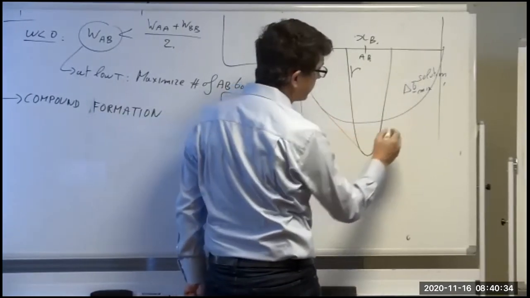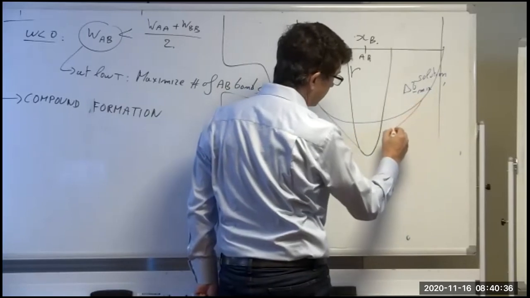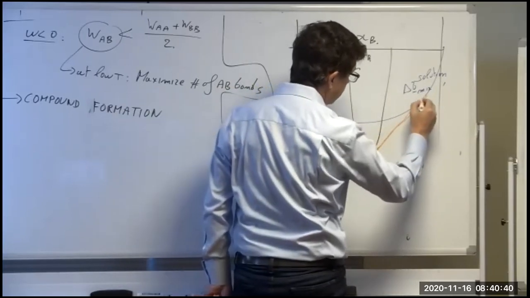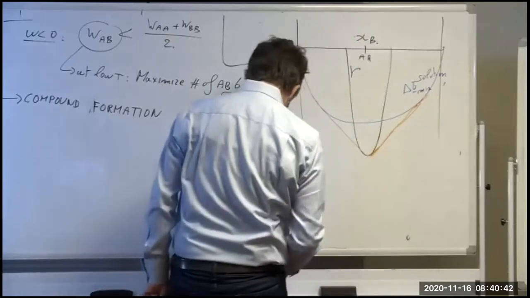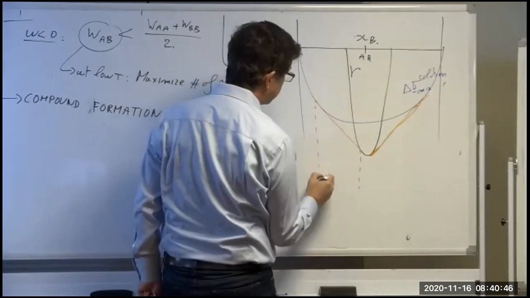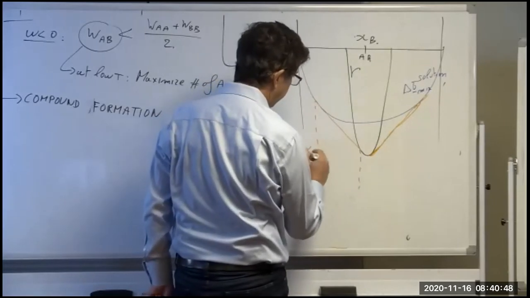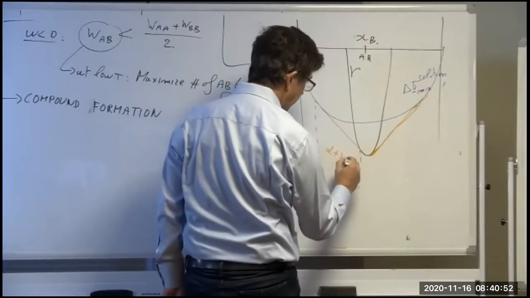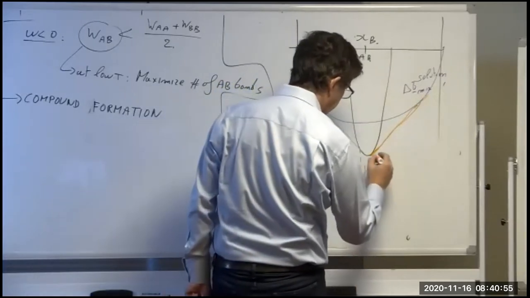So here's a common tangent. Here's a common tangent, very badly drawn. Okay, so what do we have? We have a bunch of two-phase regions. So here I have alpha. If I call the compound gamma here, I have alpha plus gamma. Here I have pure compound gamma.